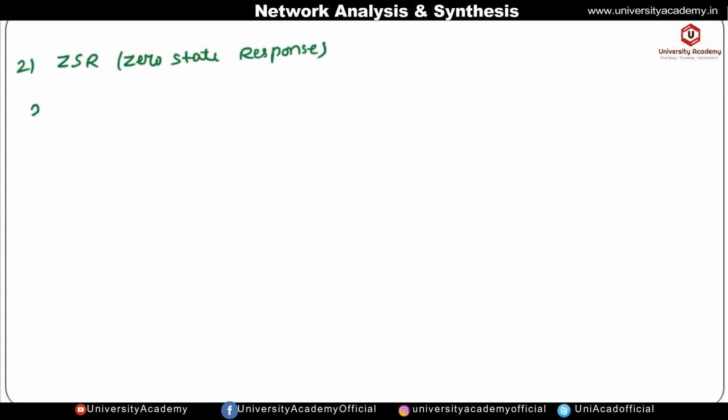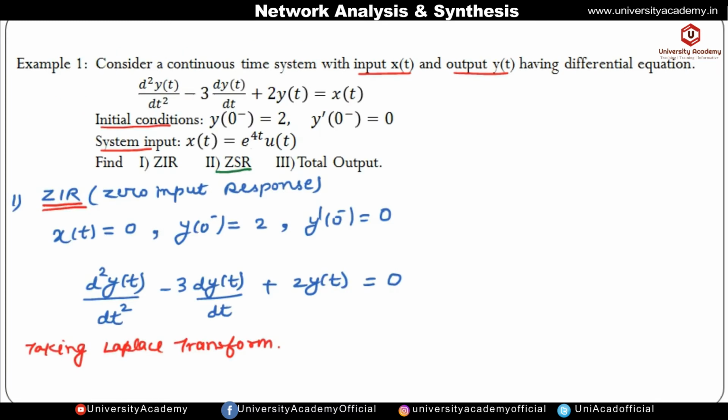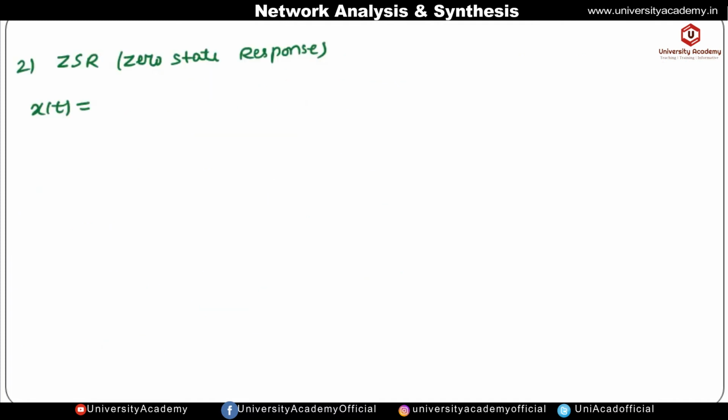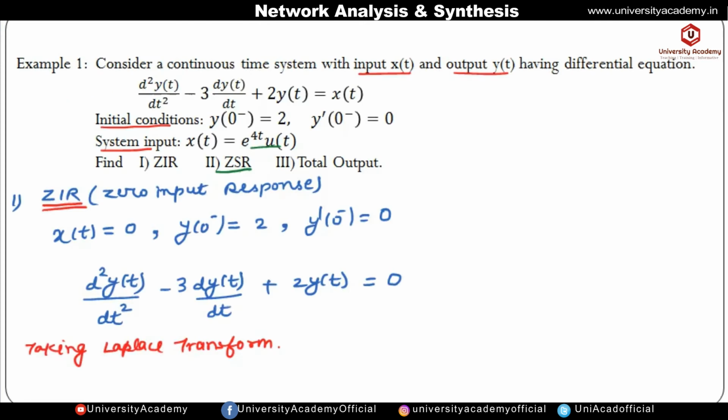Okay, so now here input is x of t, given in the question, e to the power 4t into u of t. Okay, this is system input which is given by e to the power 4t into u of t. Okay, and in the zero state response the initial conditions will be zero. It means यहाँ पे क्या है कि हम y of 0 negative and y dash of 0 negative की जो value है it will be 0.